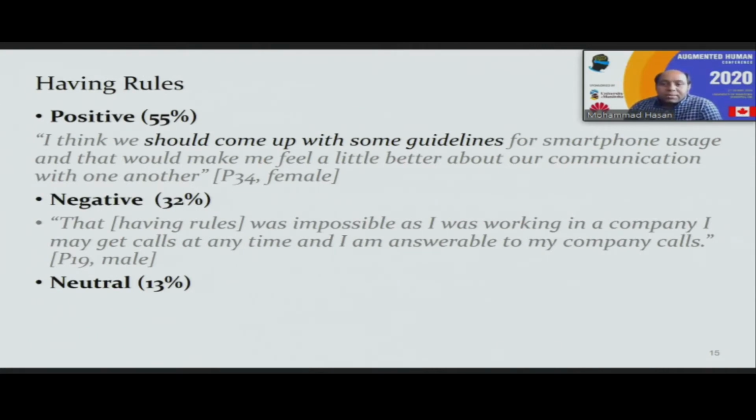Those concerns are mainly due to the fear of missing communication, as one participant mentioned that they are working for a company and they might need to receive a call at any time, and it's not possible to have those rules. However, many of the participants suggested having some sort of soft rules rather than very strict rules to reduce their smartphone usage.